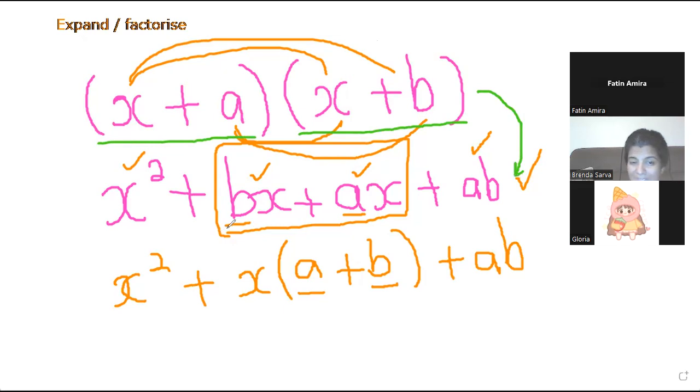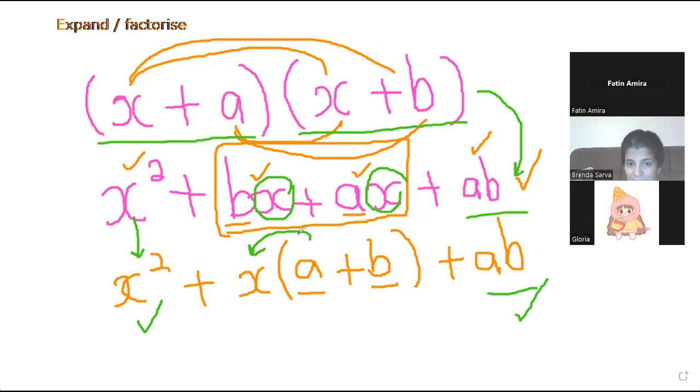From this, the only thing I did was factor out the x and put it outside the bracket. I kept my x squared and my ab. I could definitely write b plus a, but just because a comes before b, I write a plus b.